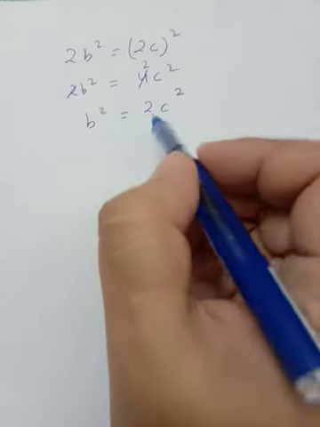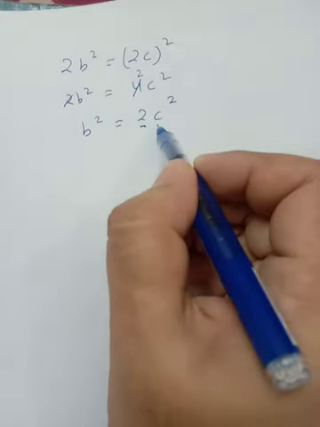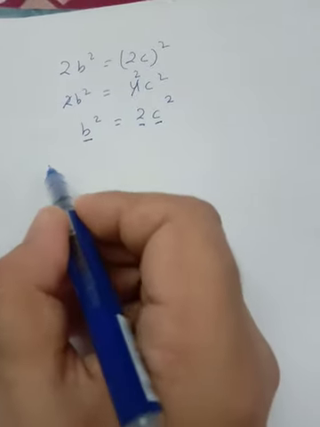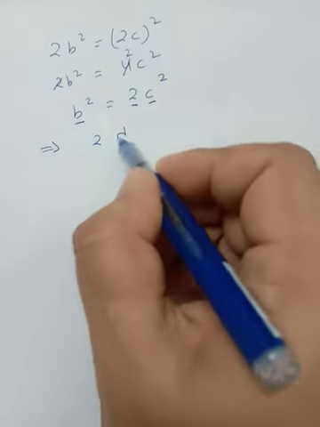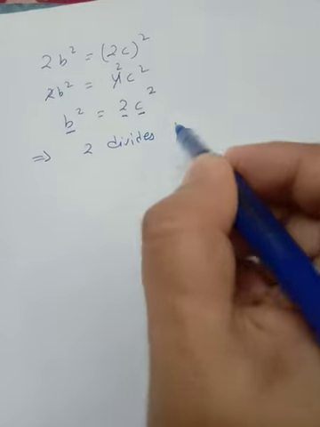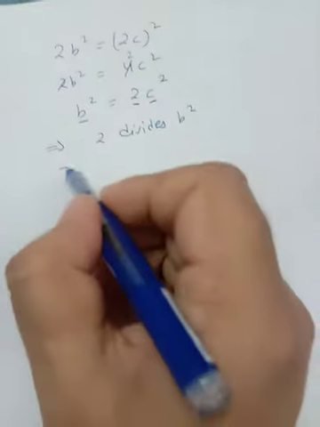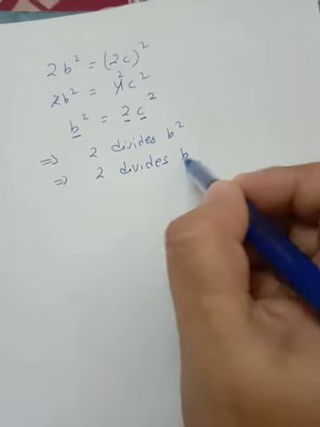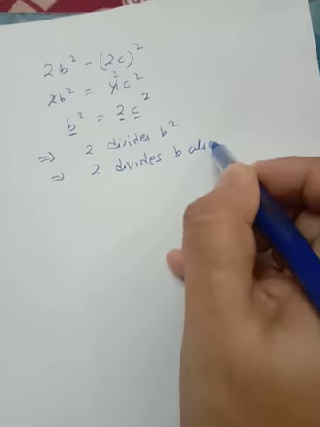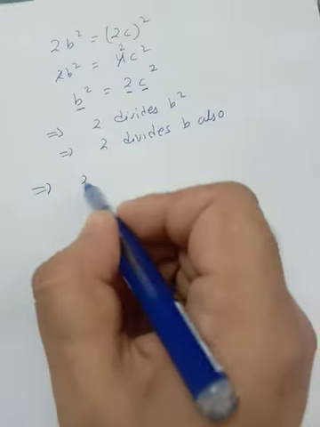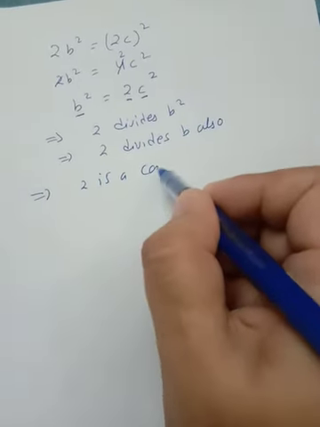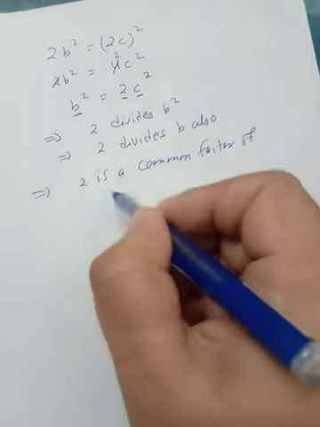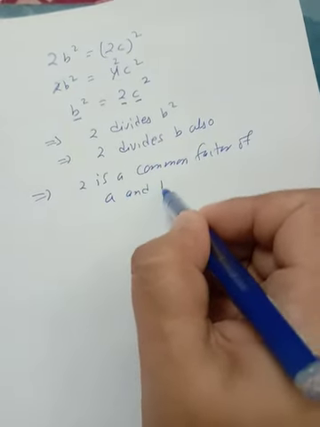Now the same funda, 2 is the divisor, c square is the quotient, and b square is the dividend. It means 2 divides b square. It means 2 divides b also. So it means 2 is a common factor of a and b.